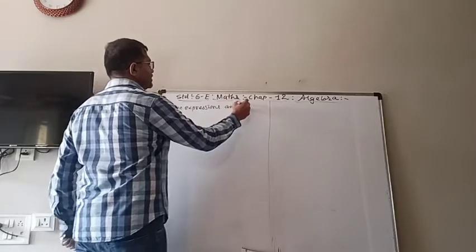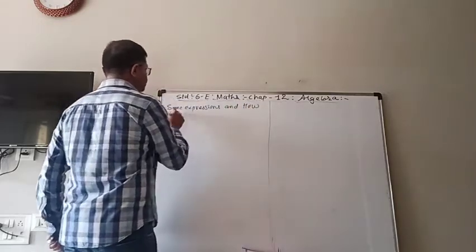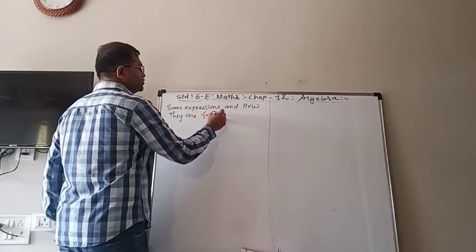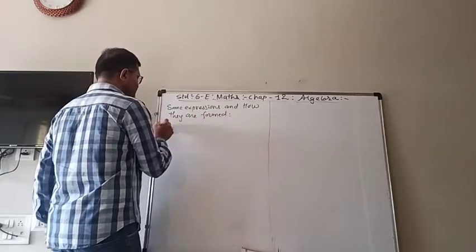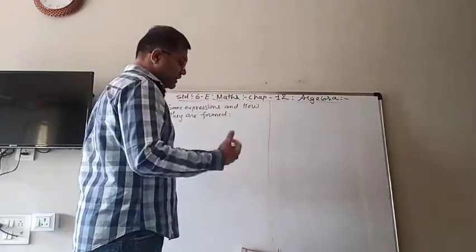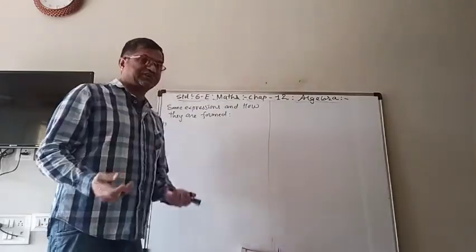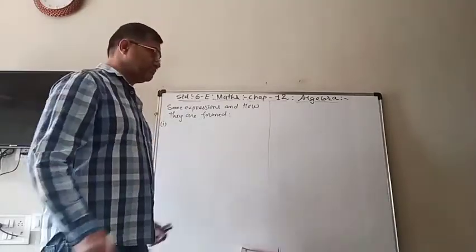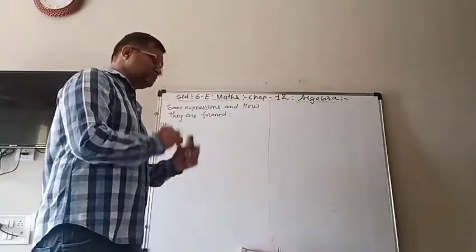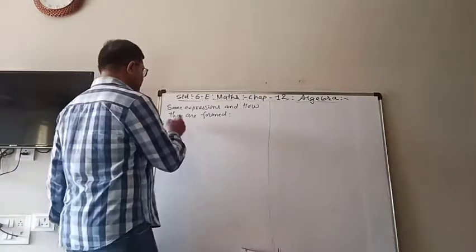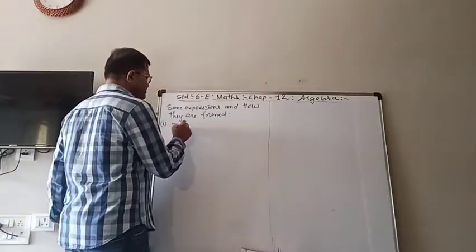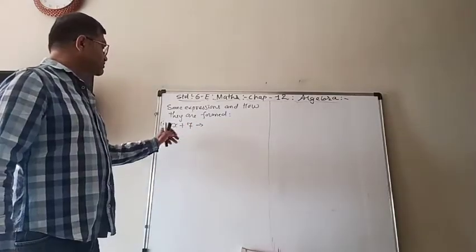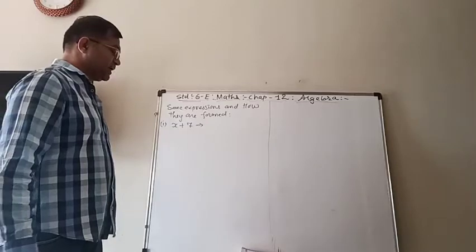We will take some examples of expressions and write down how they are formed, by using which operations with which variable. For example, take x plus 7. What did we do? We add 7 to the x.